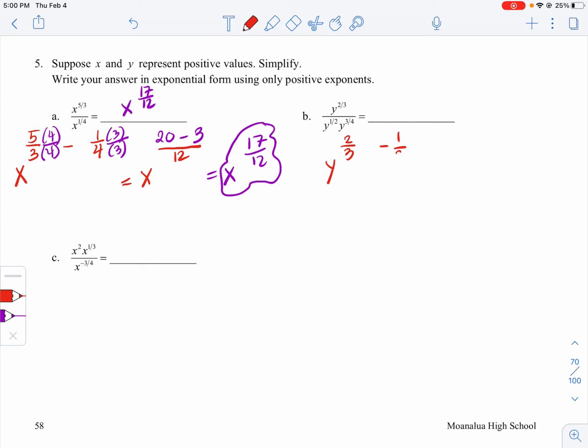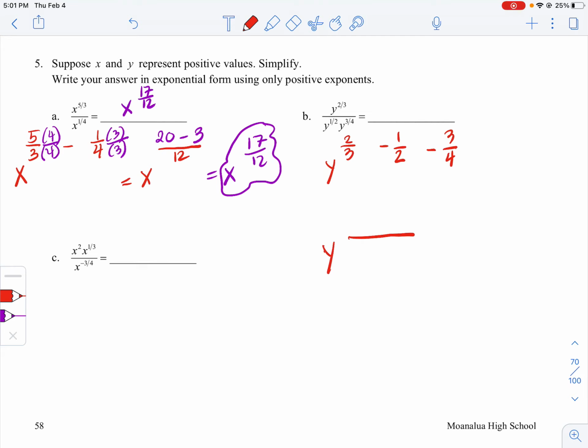I'm going to subtract the 1/2 to that, and at the same time, this would also go up, so I'm also going to subtract 3/4. Okay? That is y to the power of, very long, let's exaggerate that the y is at the bottom.